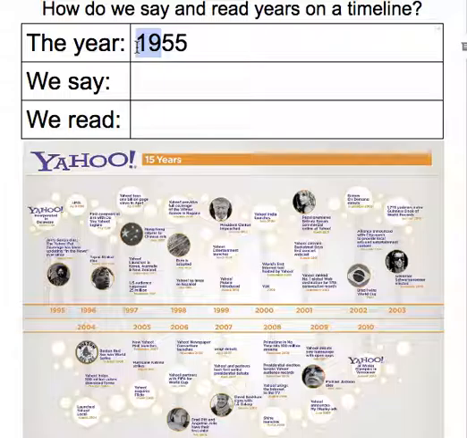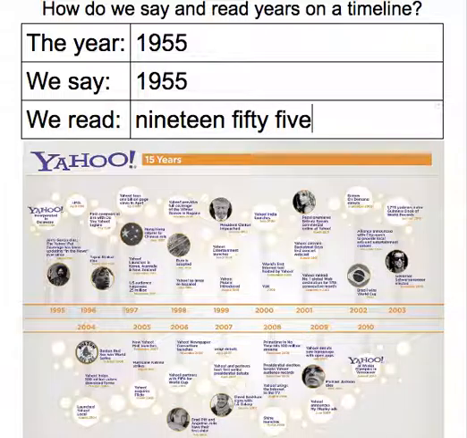Okay, again, we take the first two numbers, 19, and then we read the next two numbers, 55. If you said 1955, give your partner a bump.